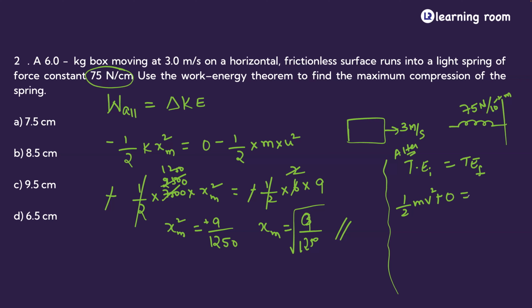This should be equal to the final energy of the system. Finally, the block is coming to rest, plus the energy possessed by the spring, half k xm square. So did you understand? Here I didn't apply the minus sign, because when I deal with half k xm square as energy, I put a plus sign, whereas if I deal with it as work done, I put a minus. So this is where you need to have clarity.